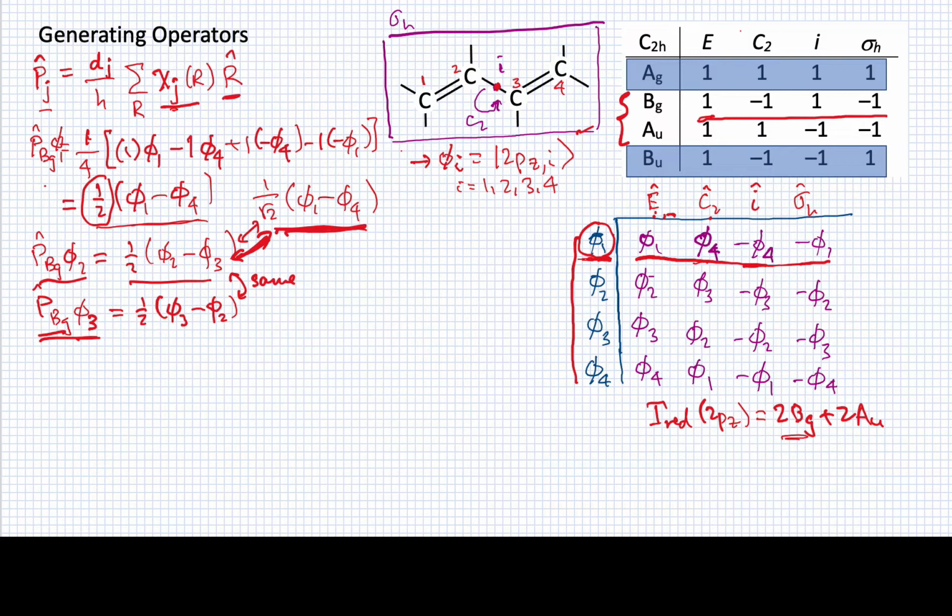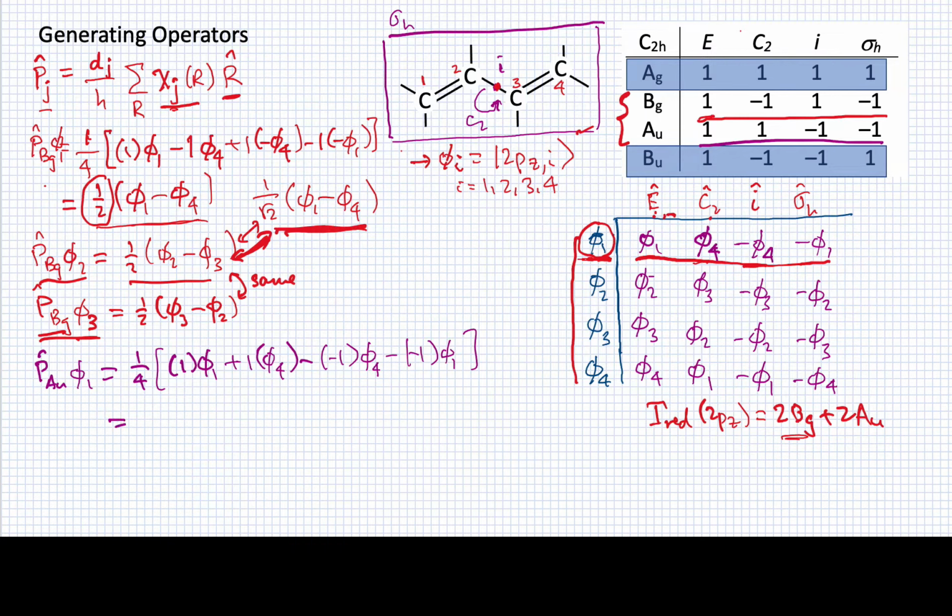All right, well in that case, and I'll use a different color to distinguish them, for symmetry AU operating on phi1, I'll again have 1/4, and then I'll have each of these characters times the results of the operation. So, for example, I'll have 1 times phi1, I'll have 1 times phi4, minus -1 times phi4, and minus -1 times phi1.